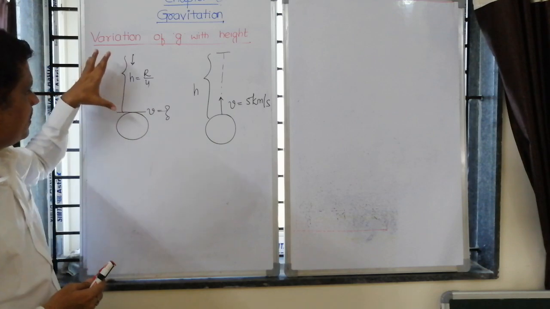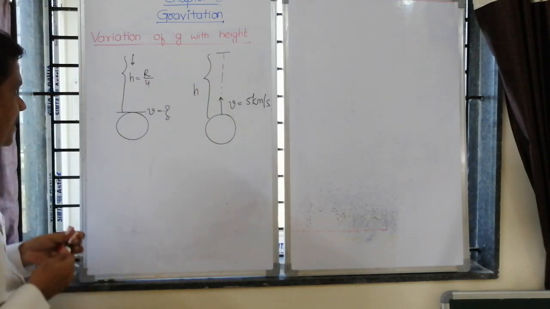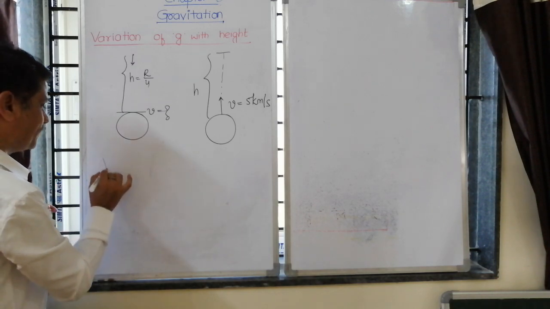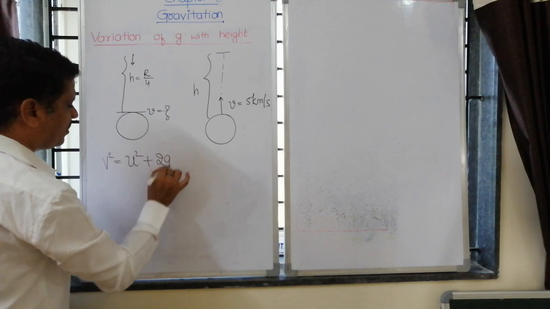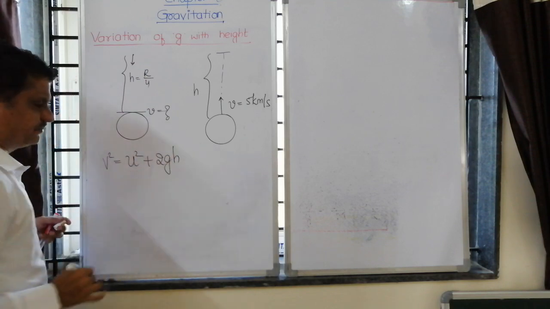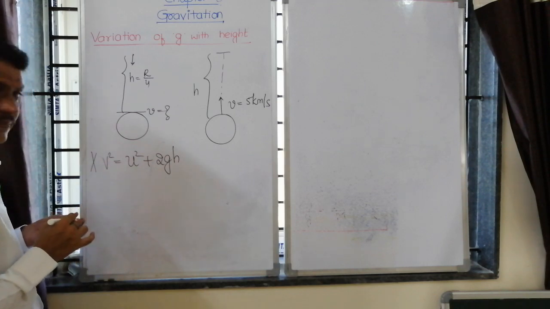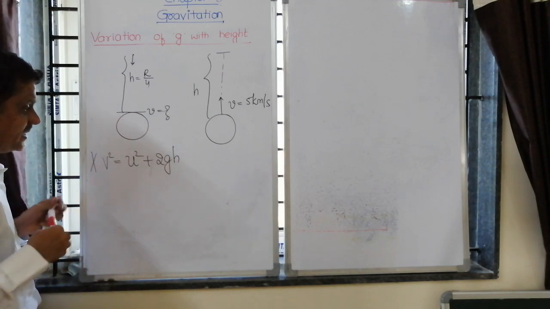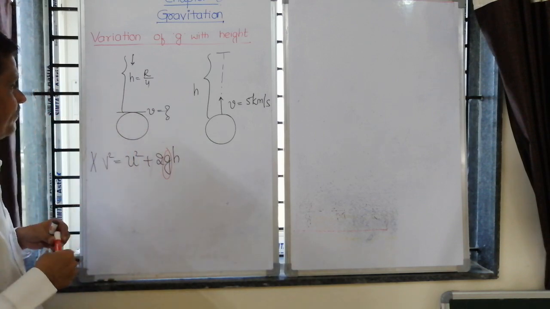You may think that this kind of question we already solved in mechanics using the formula v square is equal to u square plus 2a, or g into h. Here we cannot use this formula because it is applicable only when g is constant.